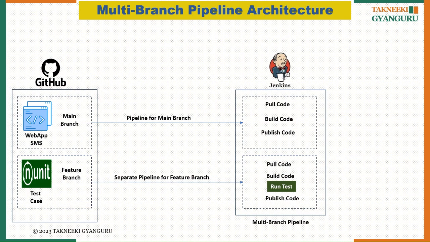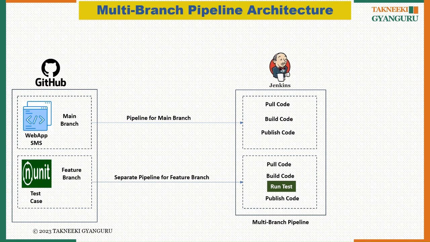This will be separate, right? So the advantage of multi-branch is, whenever you create a new branch, it will automatically create another pipeline for you, and you can separately build, deploy, and test whatever new feature you have added into this feature branch. It will automatically create a separate pipeline and execute it. So you don't need to do anything. It will automatically build by the multi-branch pipeline.